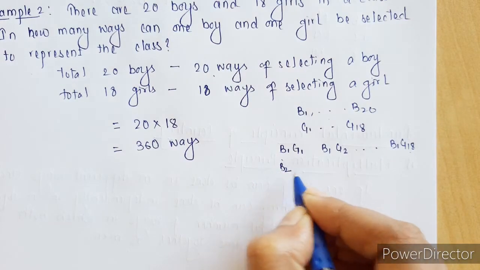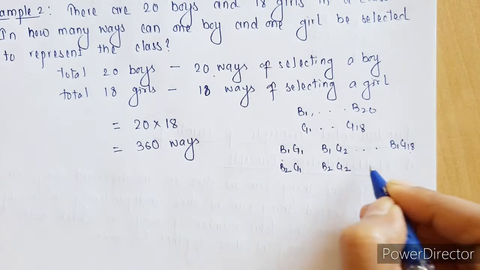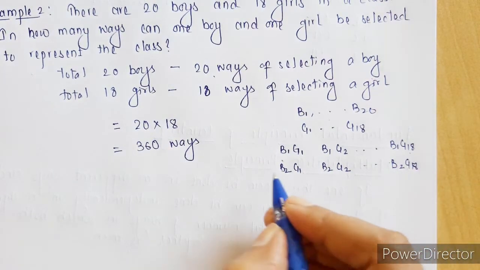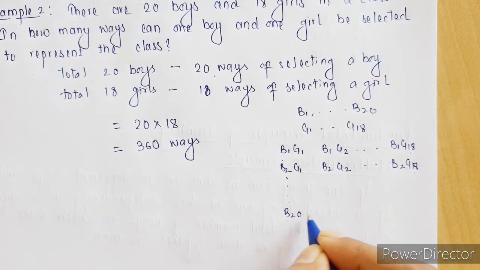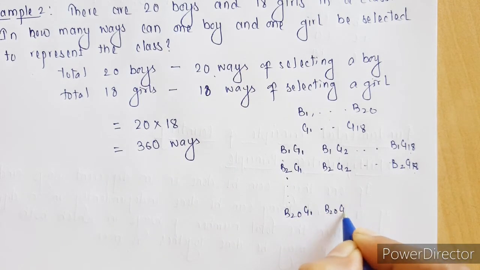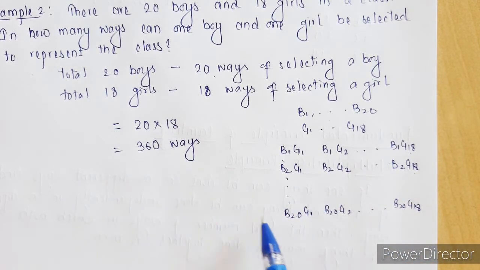Then we can go for second boy, first girl, second boy, second girl. Similarly we can go for second boy and 18th girl. So another 18 possibilities. Similarly we can go till 20th boy, first girl, 20th boy, second girl, and 20th boy with 18th girl. So there are total 20 into 18 ways we can select a girl and a boy to represent a class. That is nothing but 360 ways.